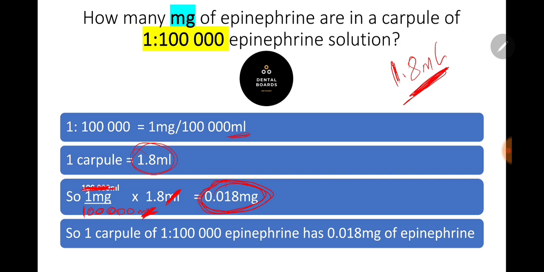One capsule of 2% lidocaine with 1 to 100,000 epinephrine has 36 milligrams of lidocaine and 0.018 milligrams of epinephrine. You can calculate this, but you can also easily memorize it, because if you're taking your board exam, you have to know this quick. It should be on the tip of your tongue, or the tip of your fingertips, because if you're clicking with the mouse, you should be able to identify the answer and click quickly.